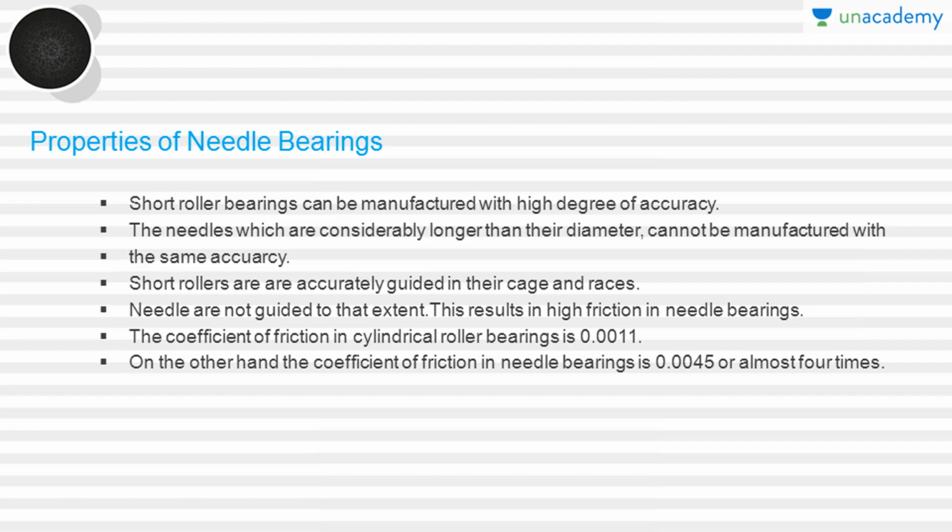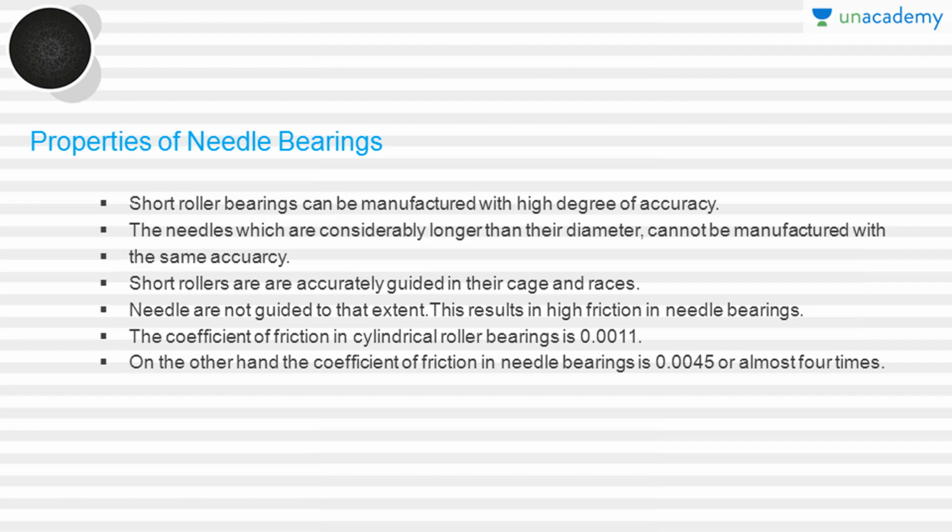Short rollers are accurately guided in their cage and races. So in other rolling bearings which have short rollers, they are accurately guided in the cages and races of the bearings. The needles are not guided to that extent. So it is very difficult to guide the needles of the needle bearings into their cages and races.